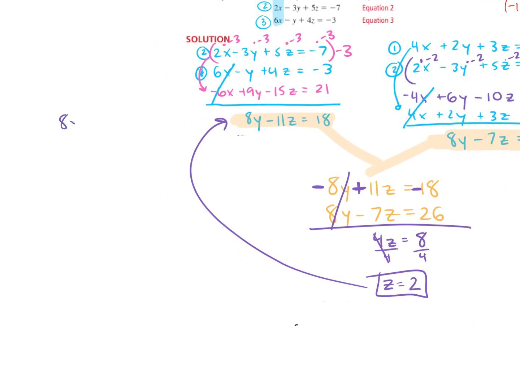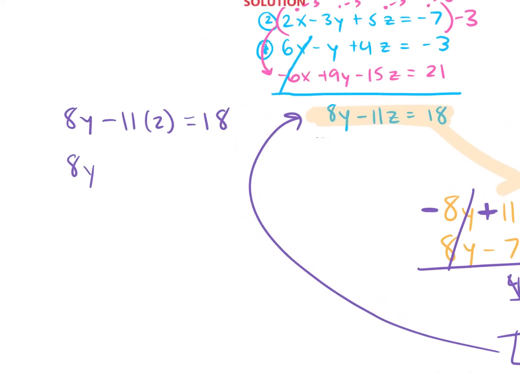So I have 8y minus 11z, which z we said was 2. So 11 times 2 is equal to 18. So what should I do first to solve for y from here? Multiply negative 11 times 2 would be negative 22.